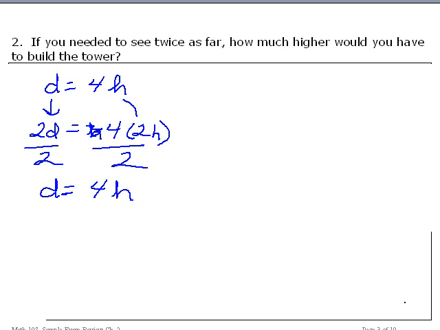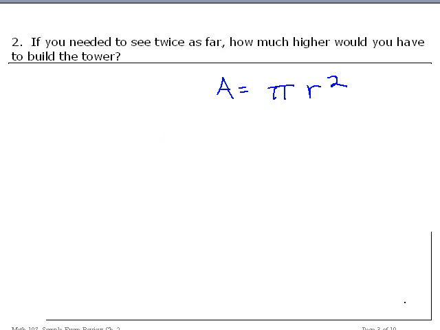Now let's look at a different problem, slightly different than the one with the tower, but an important one. What is the area of a circle? The area of a circle is pi times the radius squared.